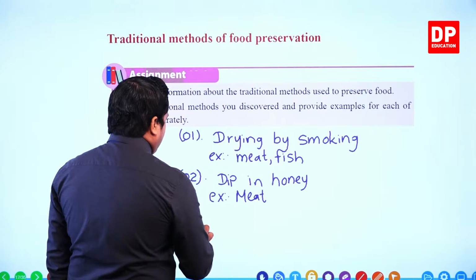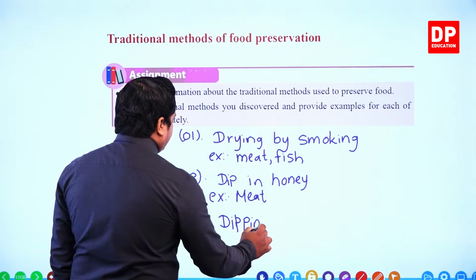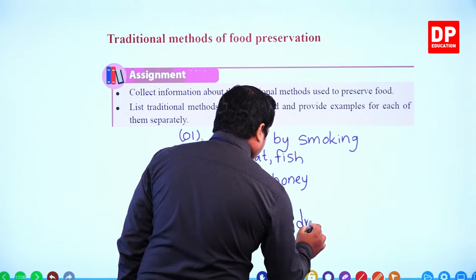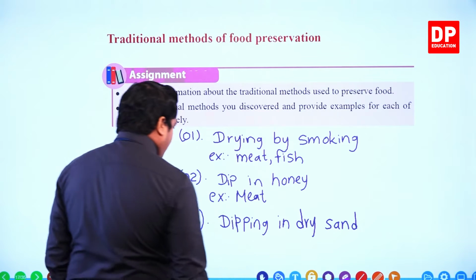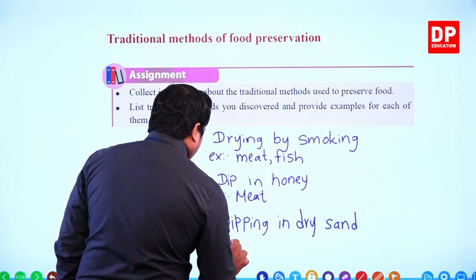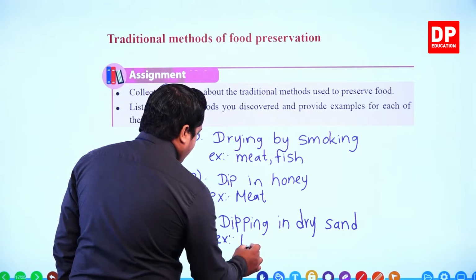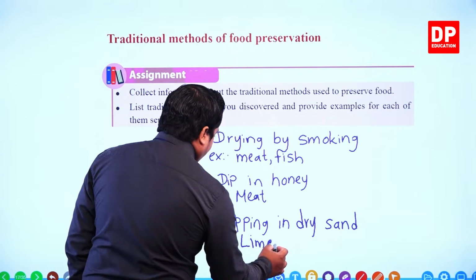Then number 3, dipping in dry sand. Examples. What are the food items that we dip in dry sand? Lime, right?